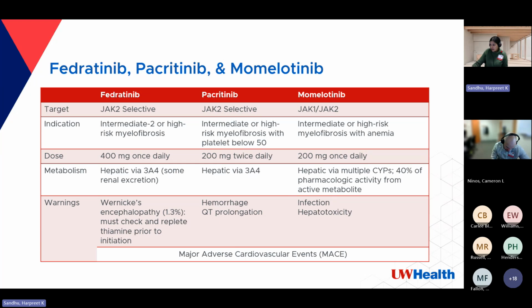This one's once a day, and it's sort of interesting: it has an active metabolite that has about 40% of the pharmacologic activity. Warnings with this one would be infection and hepatotoxicity. All of these agents also carry a risk for major adverse cardiovascular events, particularly in patients with pre-existing cardiovascular risk factors.